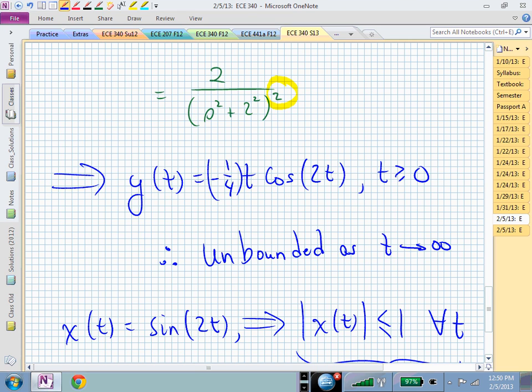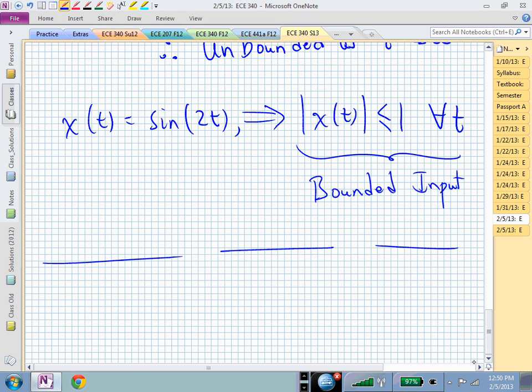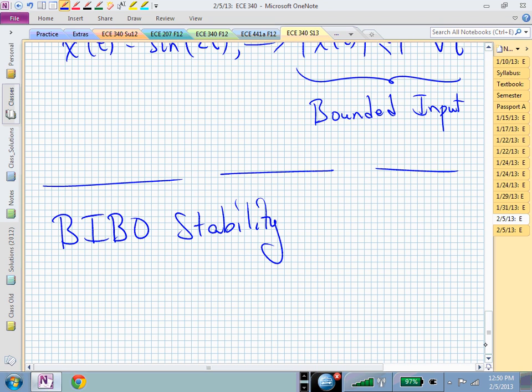Now what we will do post exam number 1 is we will start looking at different kinds of stability. We now, I hope, are pretty comfortable with BIBO stability, and this is actually what I've been calling input-output stability.